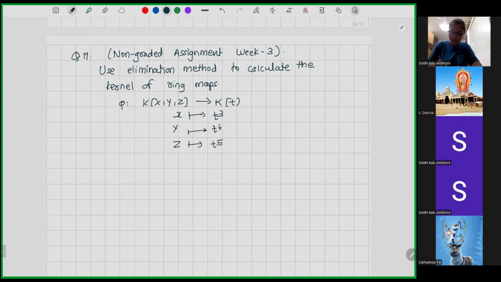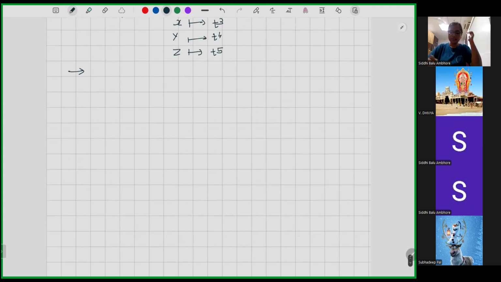T to the power 5. And how the elimination method works is, suppose we have, I'm quickly running through it, a map phi from K[x1 to xn] to K[y1 to ym] such that xi goes to gi.